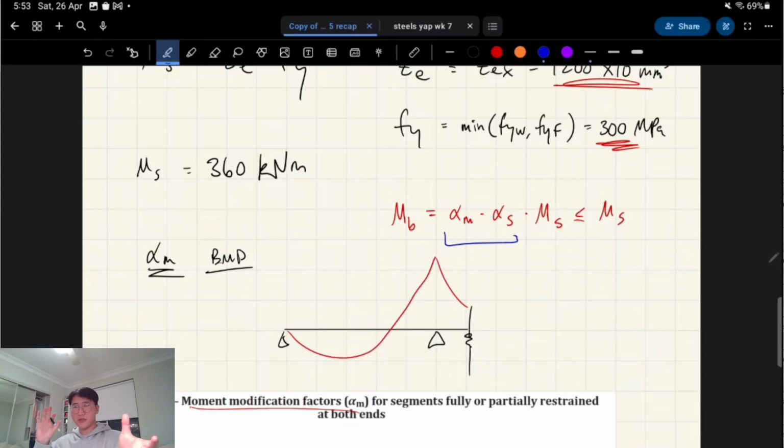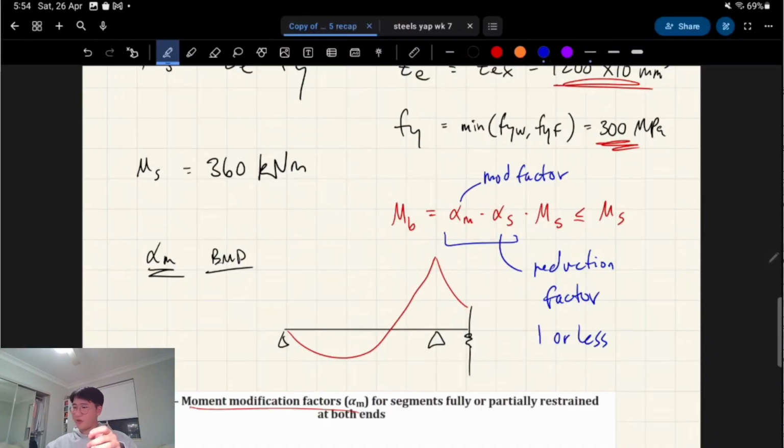MB is based on these two multiplicative factors with MS, right? This is a reduction factor. So when you hear the word reduction factor, that means it will only ever be 1 or less, right? The thing about alpha M is it's a modification factor. Modification factors imply that it could be less than 1, it could be 1, or it can be greater than 1.